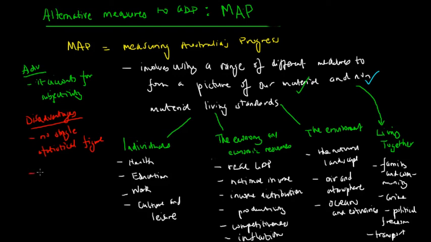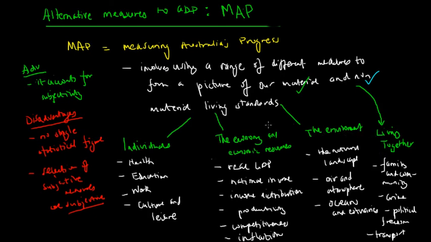Secondly, we have the selection of measures, which are subjective in nature. So who determines that material and non-material living standards should be framed by individuals, the economy and economic resources, the environment, and living together?